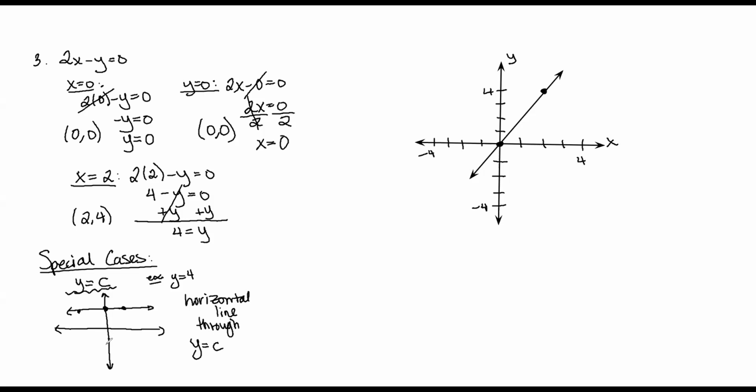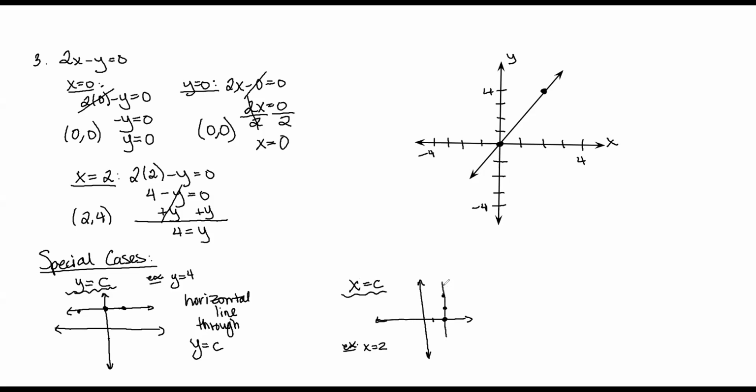All right, and the other special case is x equals c. So x equals some number. And this one is saying that x is always equal to whatever number we're looking at. So for example, we're looking at x equals 2. This is saying that x always equals 2. So if I pick one point here where x equals 2, I can't go left or right, but I could go up or down, because then our x value is not changing.